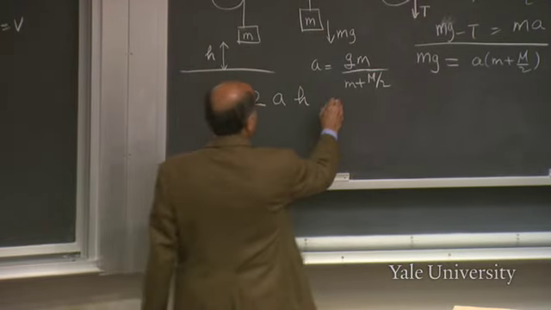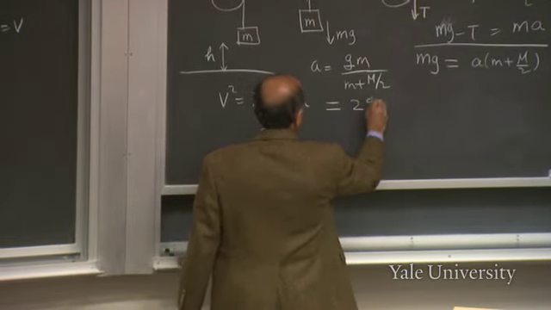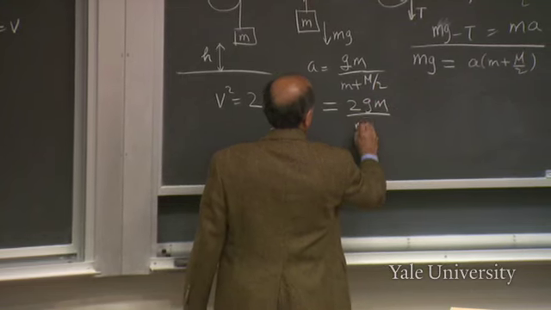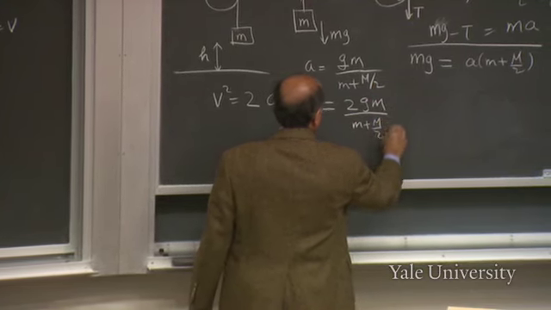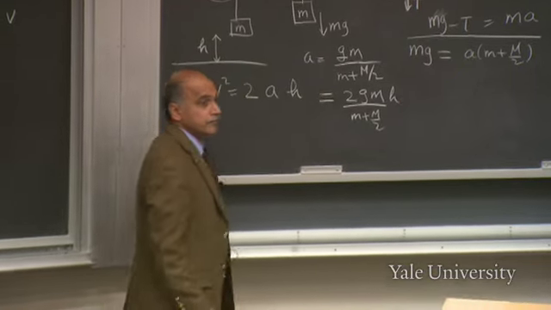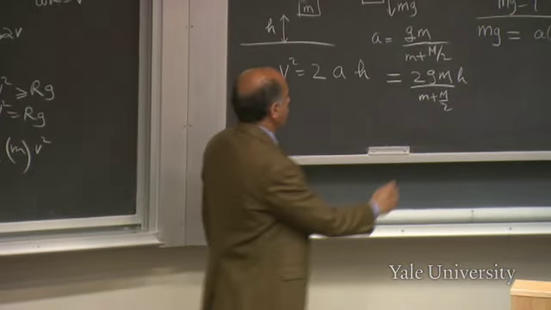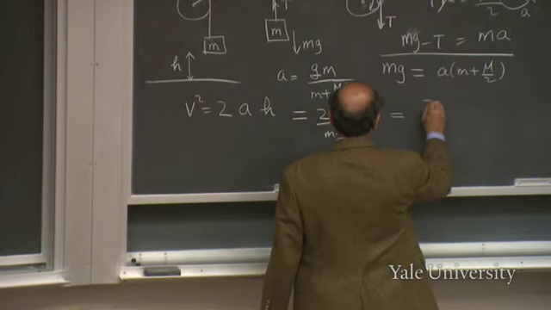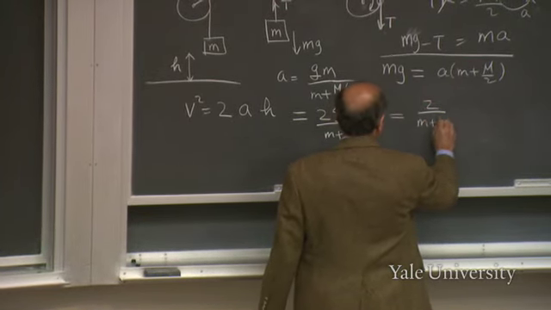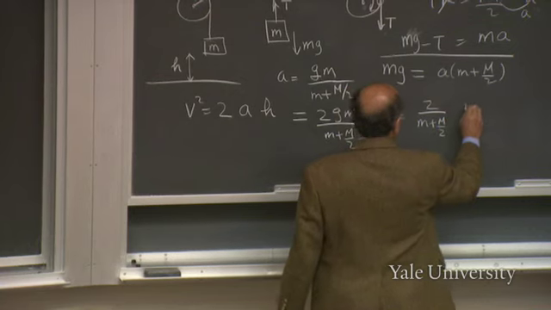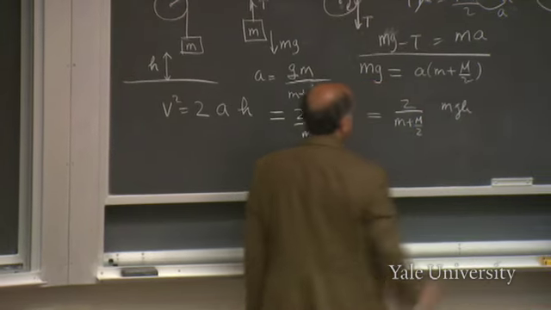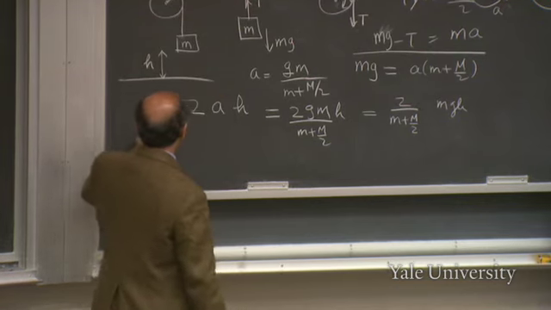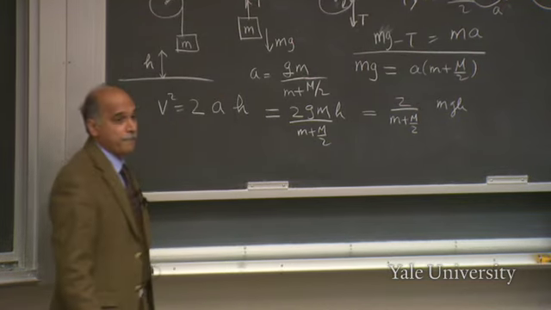So let's put that in. 2A is this number here, m plus m over 2 times h. So I'm going to write it in a very suggestive language as 2 over m plus m over 2 times mgh. Anyway, that's the square of the velocity when the block hits the ground.